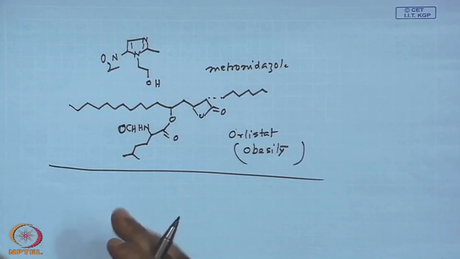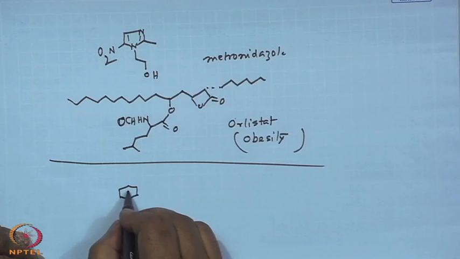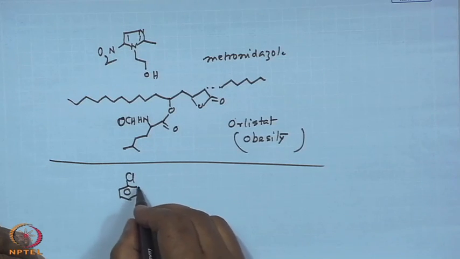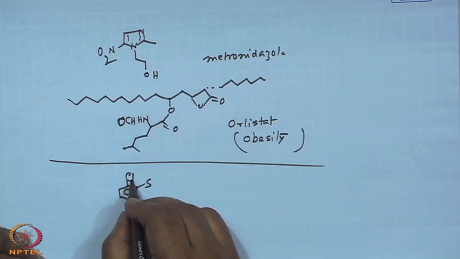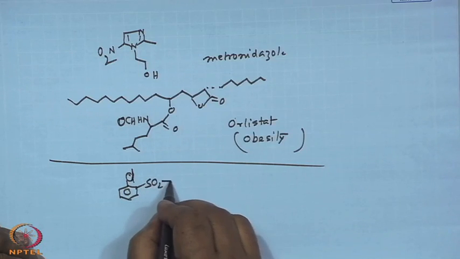There are a group of heterocyclic molecules also used extensively as herbicides, pesticides and insecticides. Some of them, I will just write one here to show you, this is chlorine and then sulfonamides.